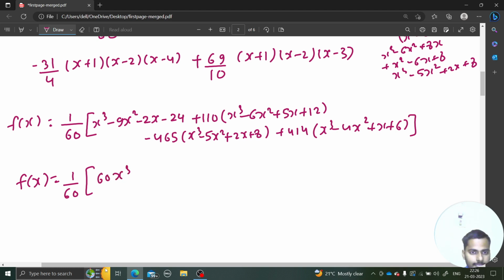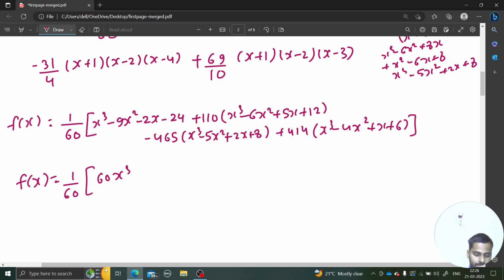As far as x square is concerned, it is minus 9 and minus 660 and plus 465 into 5 and minus 414 multiplied by 4.